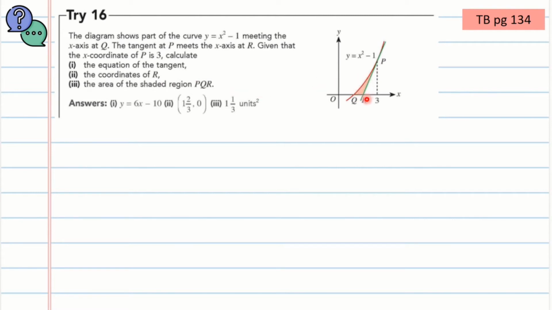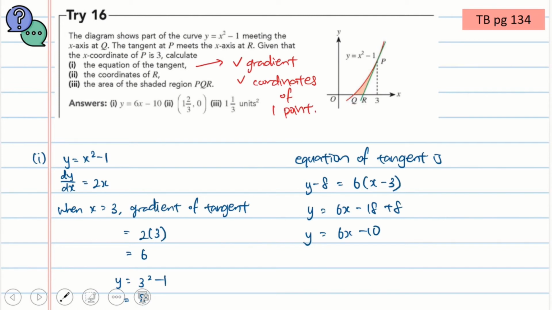So in order to find the equation of the tangent, we will need the gradient of the straight line, as well as at least the coordinates of one point on this straight line itself. Okay, so with that in mind, let me show you the solution for part I.